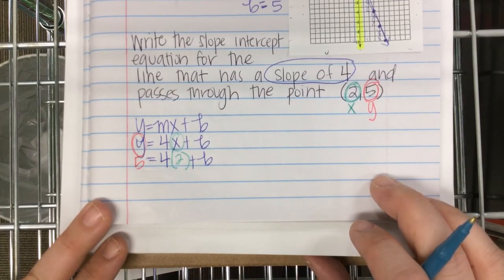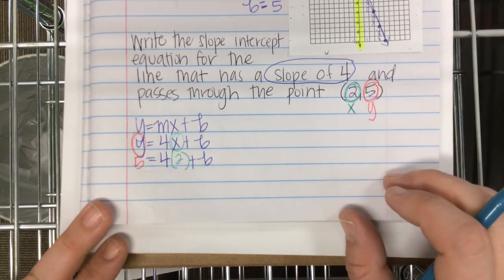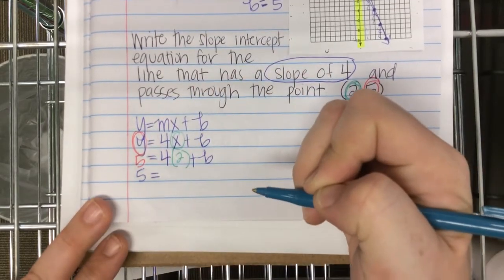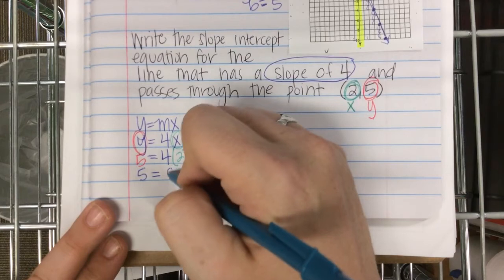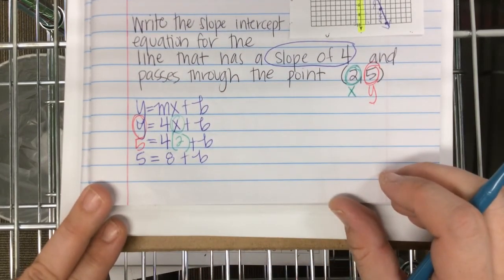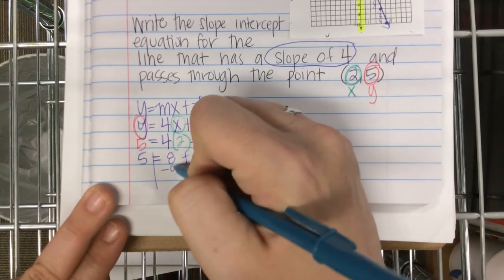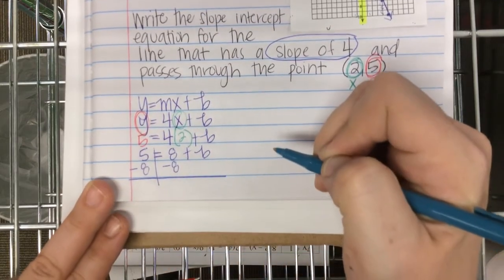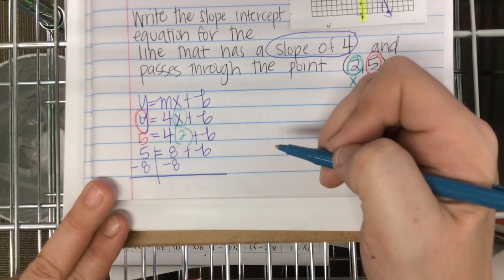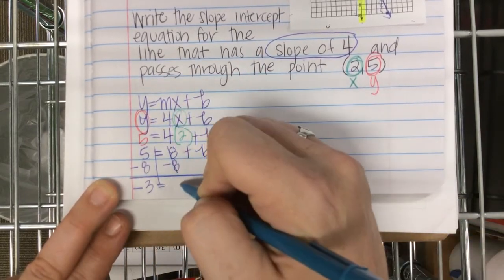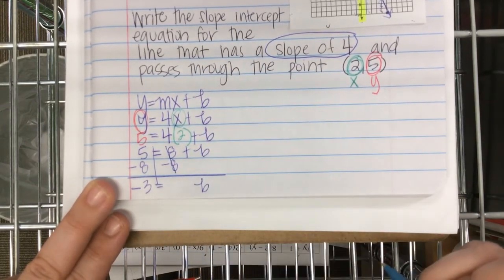What's b? 5 equals, what's 4 times 2? 8 plus b. Did I hear a b? 5 minus 8 is -3 equals b.